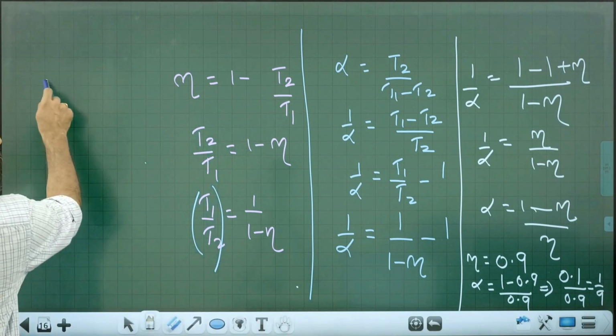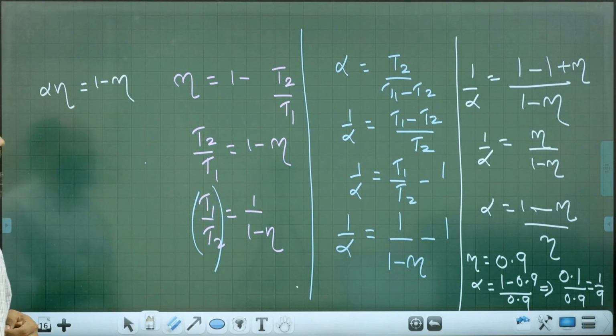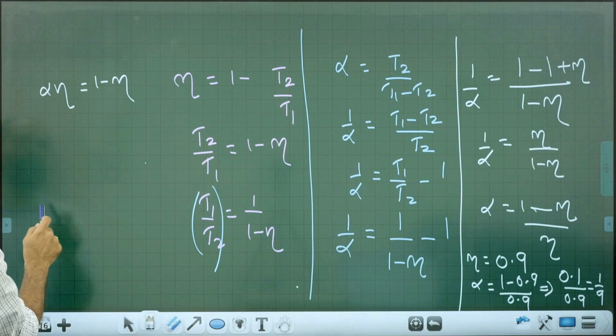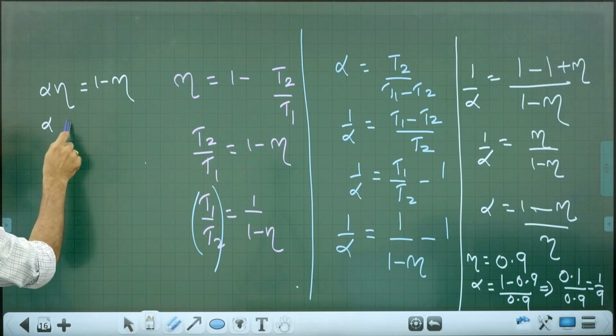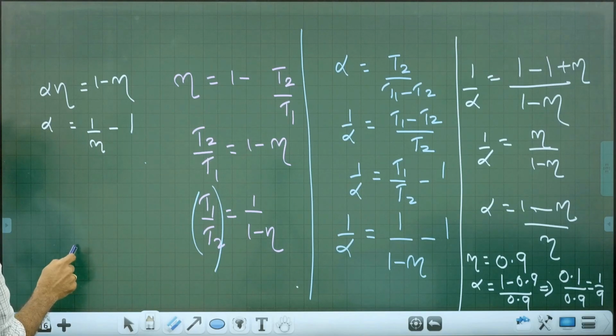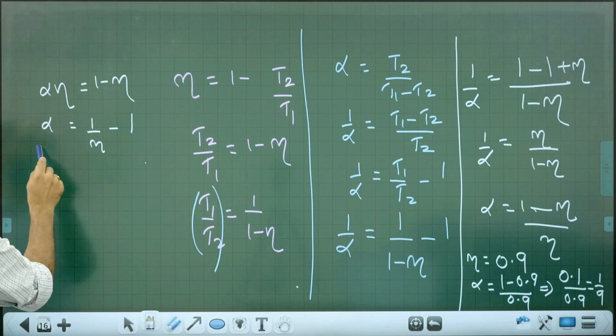From this you can also write alpha eta equal to 1 minus eta. All these results are very important. Divide throughout by eta. That is alpha is equal to 1 by eta minus 1. This result is also important.